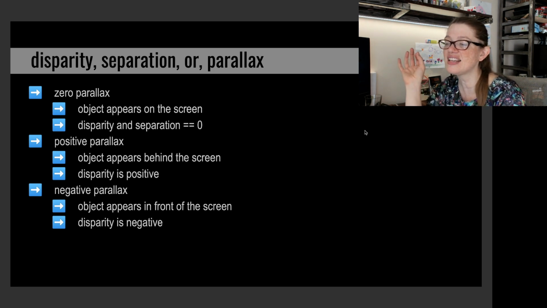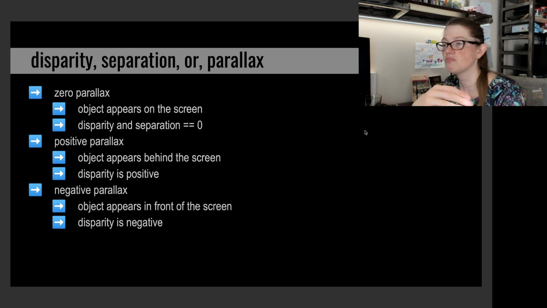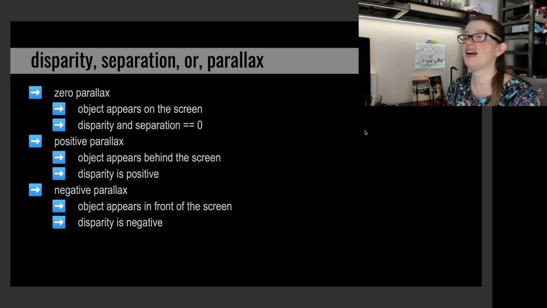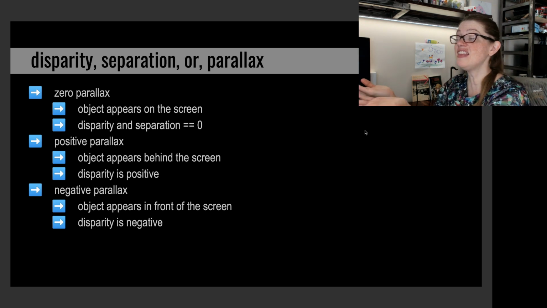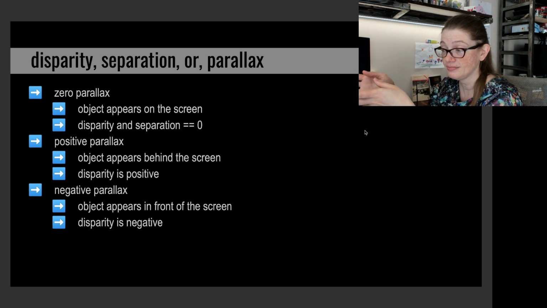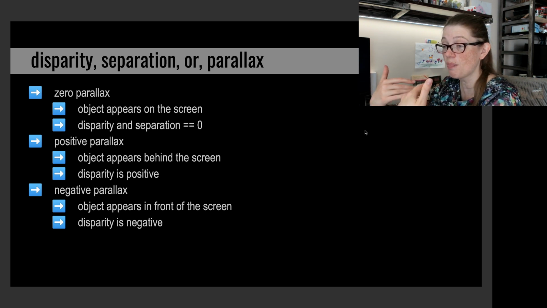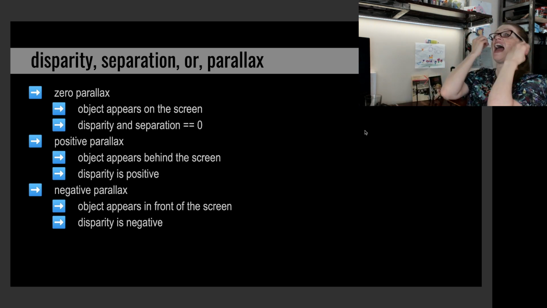What we like to say is that it appears to be on the screen. Then positive parallax or positive disparity is anything that is going to be behind the screen. And anything that has a negative separation, a negative parallax, or a negative disparity is going to be coming out at you.